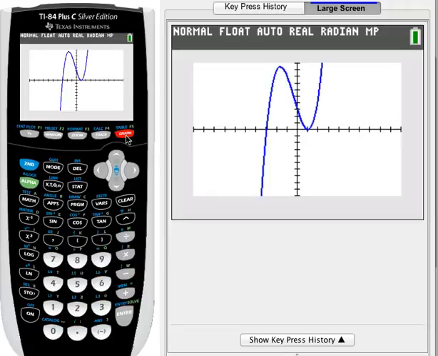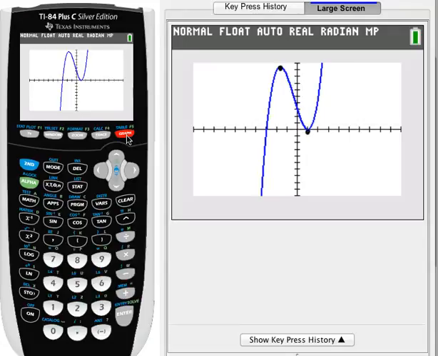All right, and I see something like that. And I want the max and mins of that function. So here's my relative max, here's my relative min.